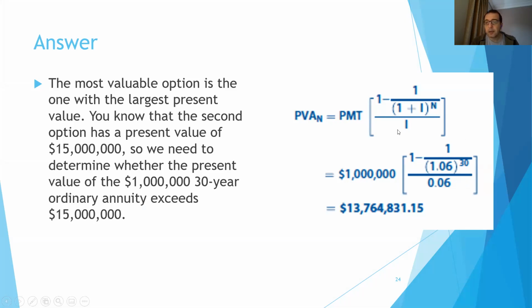So we plug everything into the formula, then we calculate the present value of this cash flow. So obviously, the present value of this cash flow is 13.7 million, less than 15 million, so it's better to go with the second one. It's better to choose the second one, right?